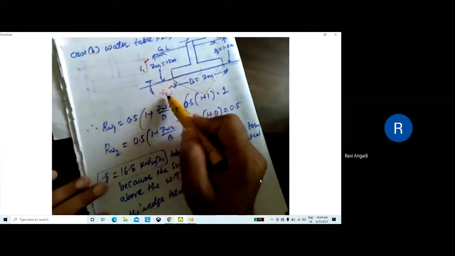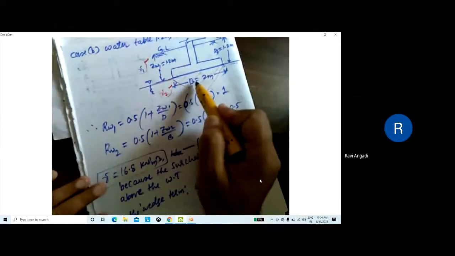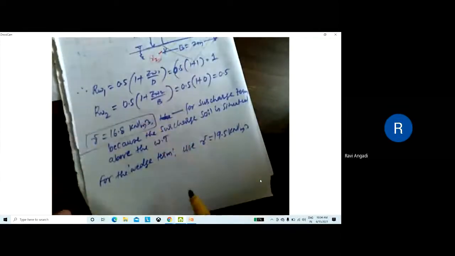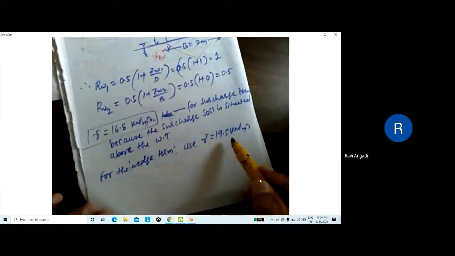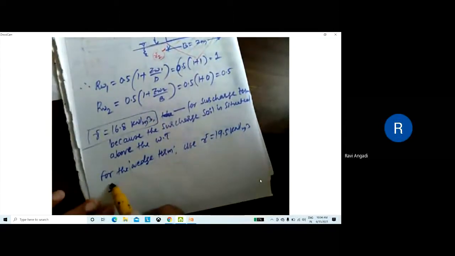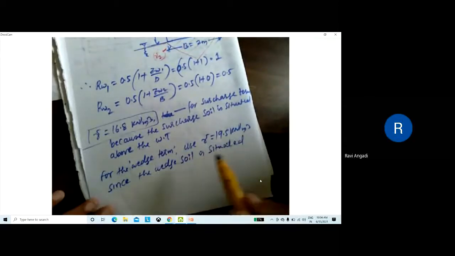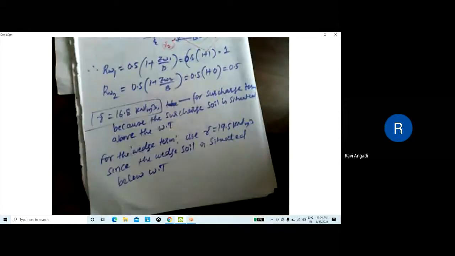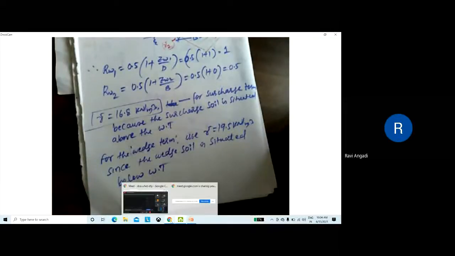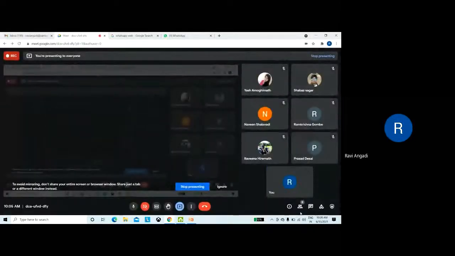This water table ಕೆಳಗಡೆ ಇದೆಯಲ್ಲ, so you take 19.5, since the wedge soil is situated below the water table. Any doubt here? Please ask. No doubt? No, sir.